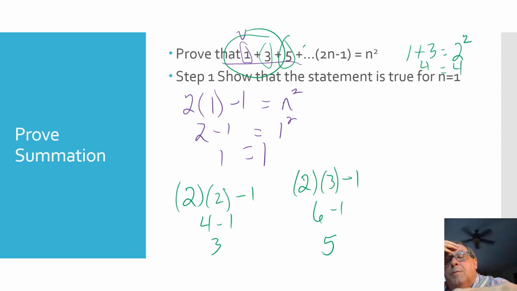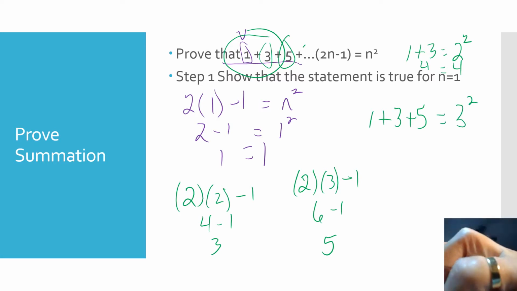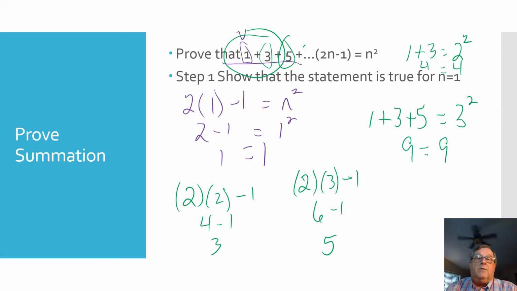But what does 1 plus 3 plus 5 equal, does that equal 3 squared? Well, 1 plus 3 plus 5 is 9, and 3 squared also is 9. And so it's that 1 plus 3 plus 5 that throws me off. But let's move on to the second step.